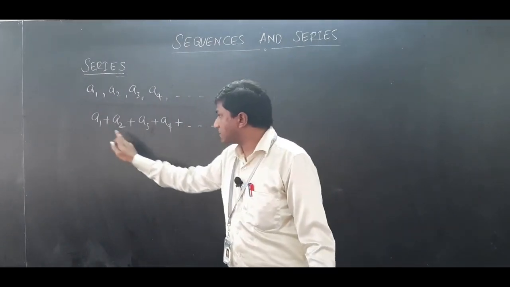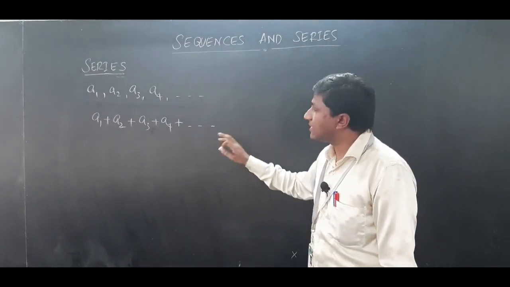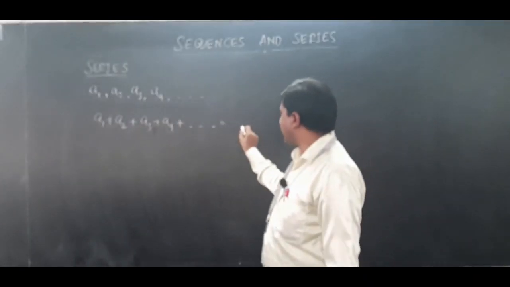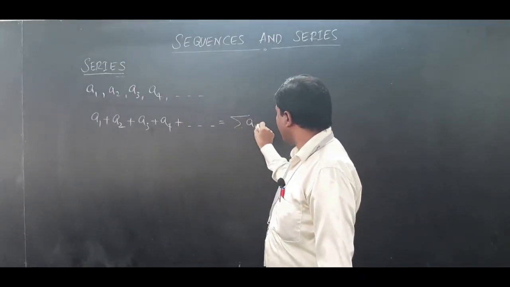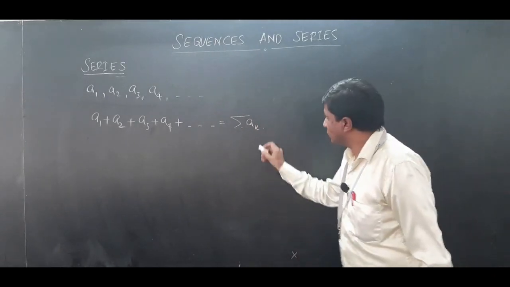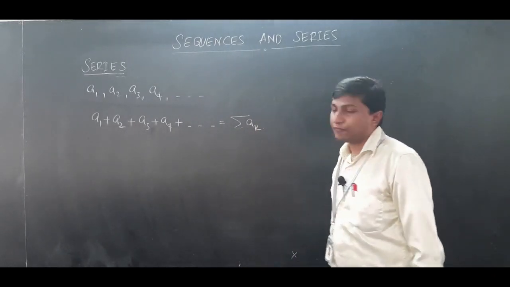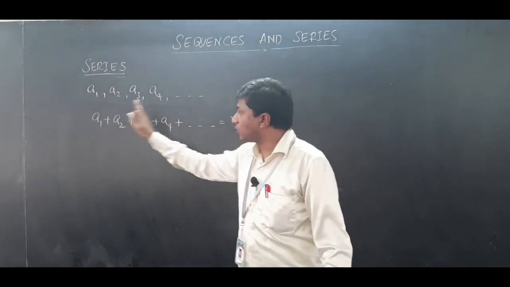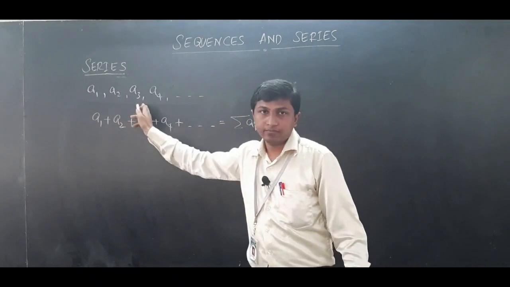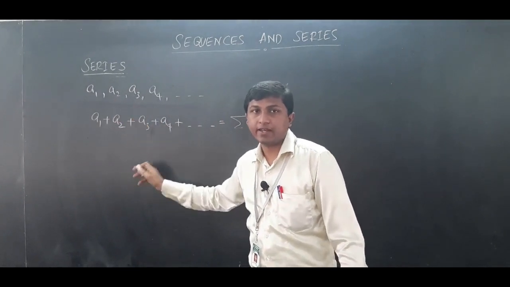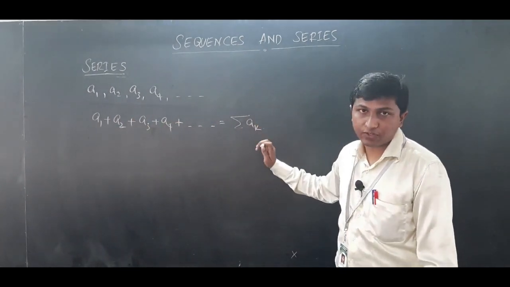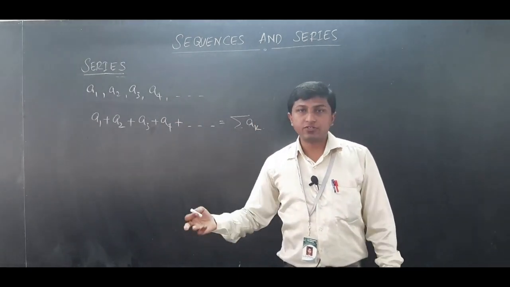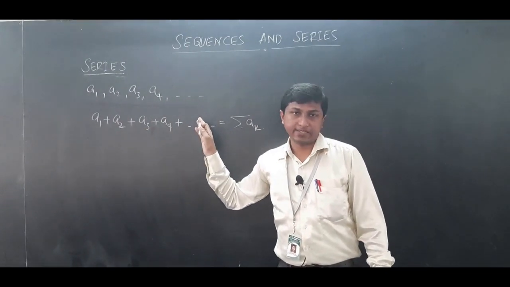Okay, this expression I can write in sigma notation also. So this is equal to, I can write sigma A suffix k, right? Sigma denotes summation. Sigma denotes that there is a plus sign in between any two consecutive terms, and A suffix k is the general term of this series, right?